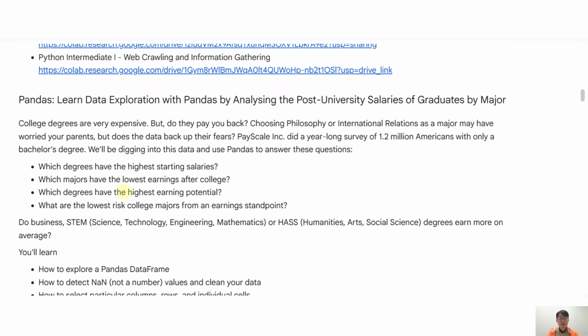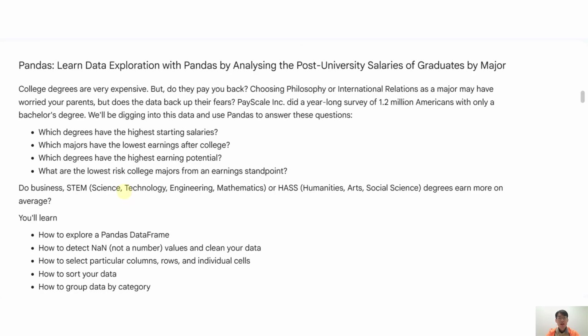Okay, let's start. So today we will look into the analysis of post-university salaries of graduates by major. College degrees are very expensive, and when you are deciding which major to go for, you may also look into how valuable it is in the job market.